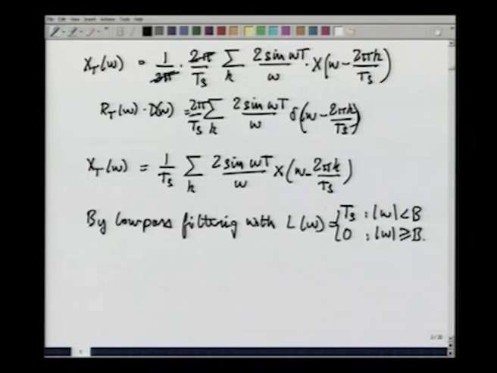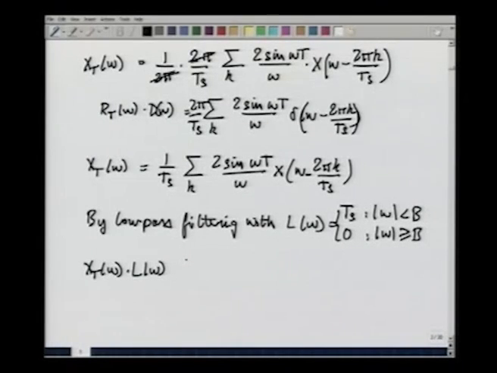What do we get? We get X_T omega multiplied by L omega, and when you do the multiplication, you find that every alias other than the central alias is out of the picture. So, with T_s cancelling the T_s in the denominator in X_T of omega, you just get X.